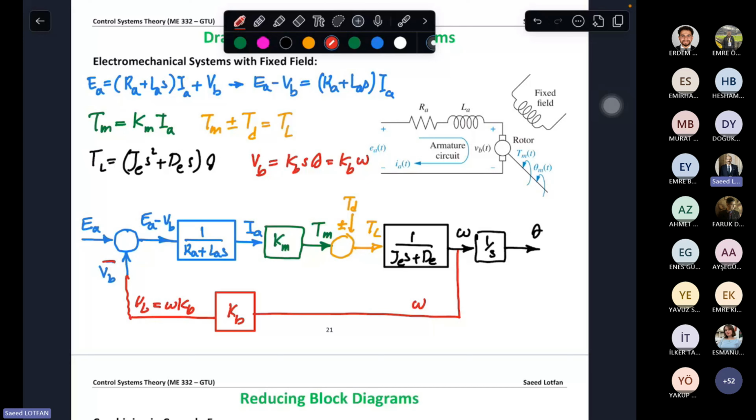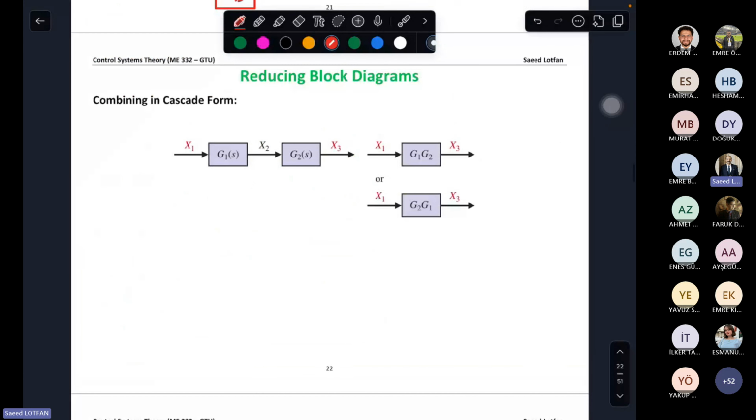We have already somehow known the idea of block diagrams and how to represent them, but we now want to understand the rules in block diagrams and try to simplify them.